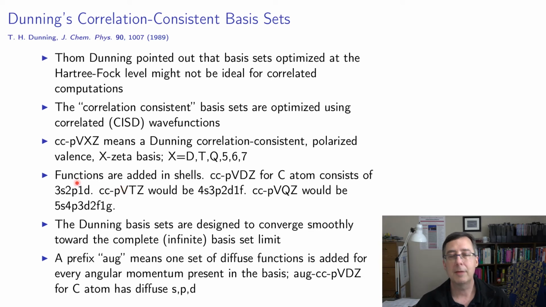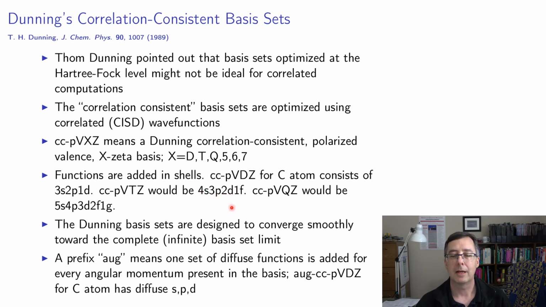And the p functions are sets of 3's, but in this notation, so I would have 4 s's now, because I went from double to triple zeta, so I had to add one more s. 3 p's, it's triple zeta for the p valence. And then to polarize that, you might think, well, I'll just use another d function or whatever. No, you do the shell idea. So you add 2 d's, and then you add one more to go to an f. So I get the same pattern, 4, 3, 2, 1.